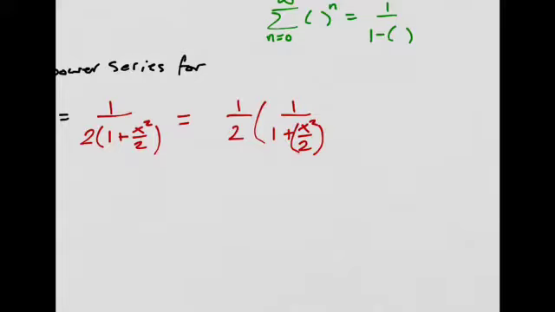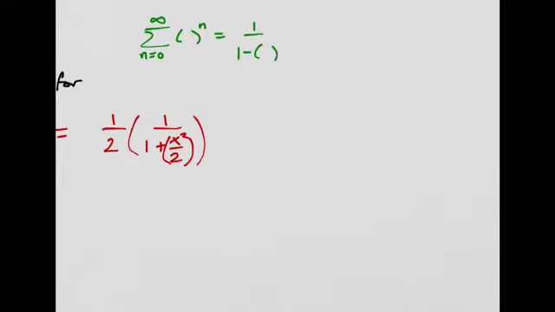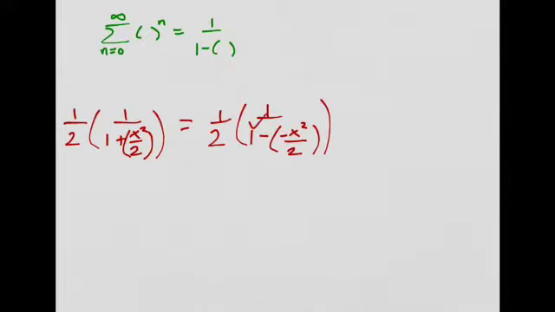So I have that part. Okay, I still need that minus, but I can change that. That's very, very easy. So 1/2 times 1 over 1 minus negative x squared over 2. So I have my 1, another 1, another 1, and something there.